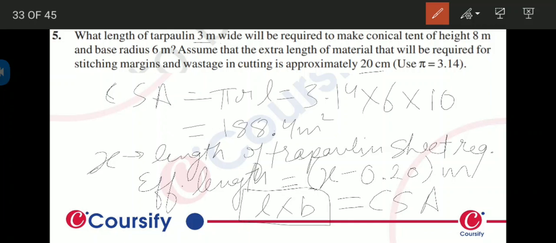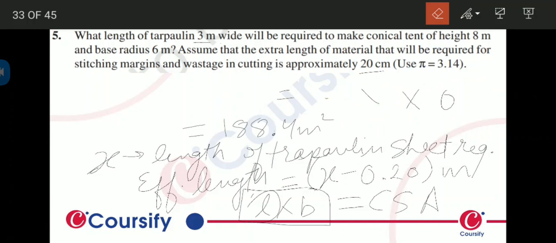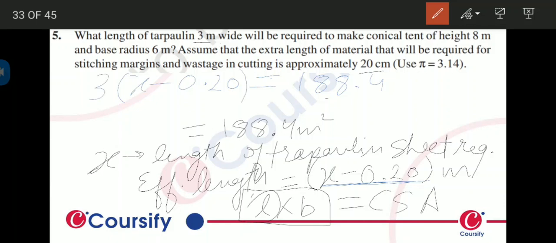So from here we can find the value of L. So this is the effective length, x minus 0.20, is equal to 188.4, and this is multiplied by 3, that is the width.